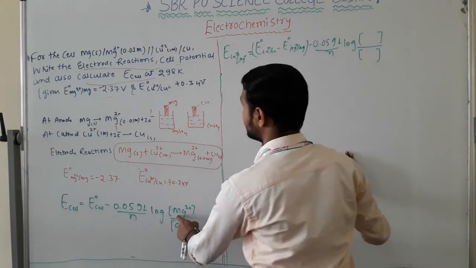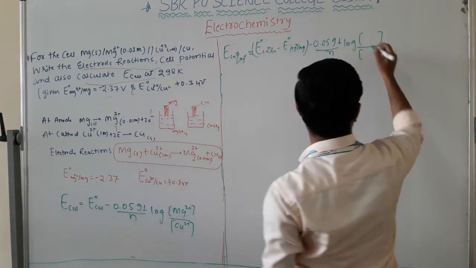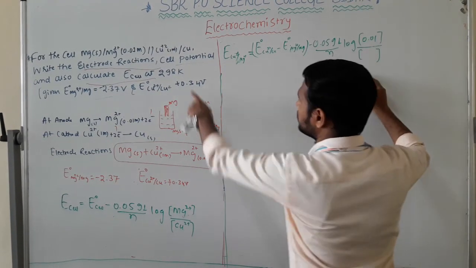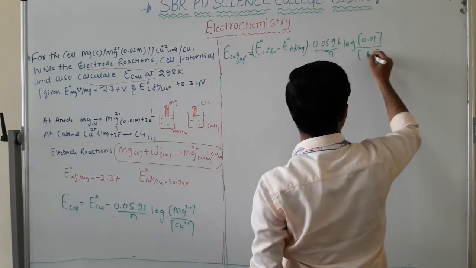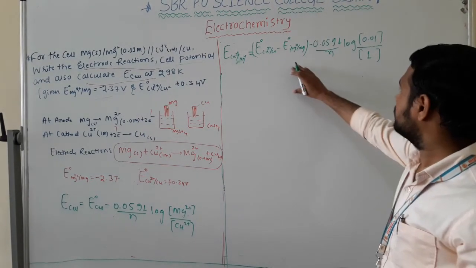The concentration of magnesium is 0.01, and the concentration of copper is 1. This is the first method.